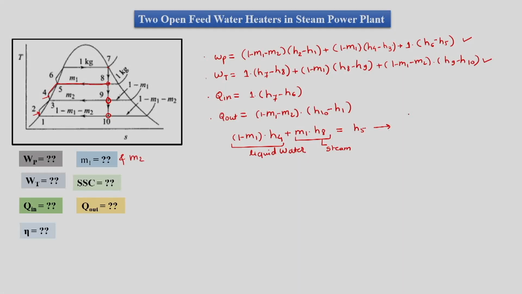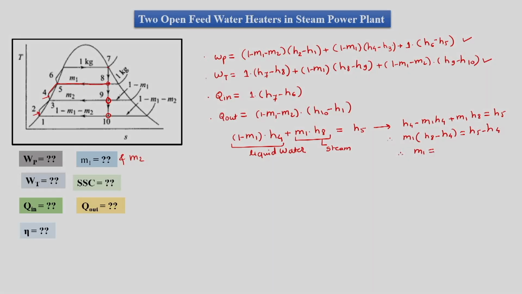So using this we can write (1 minus m1) into H4 plus m1 into H8 gives H5. So we have m1 into (H8 minus H4) is equal to H5 minus H4.